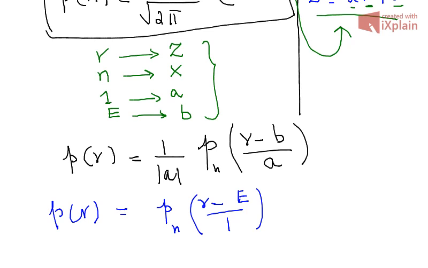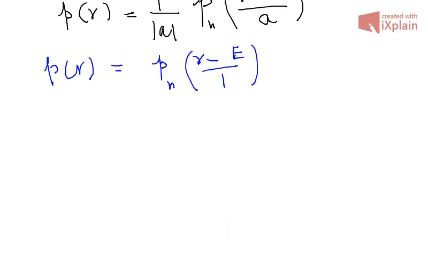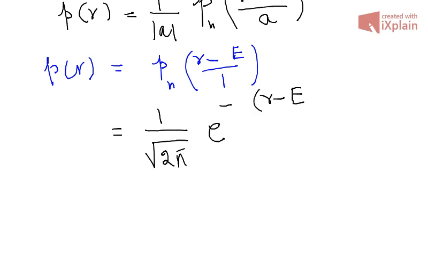Now you already have the PDF of the noise. So if you just replace the variable by R minus E there, you would get the PDF of R. Now the PDF of R is 1 over square root 2 pi, e raised to the power minus R minus E whole square over 2. Right? This is the PDF of R, the received signal.